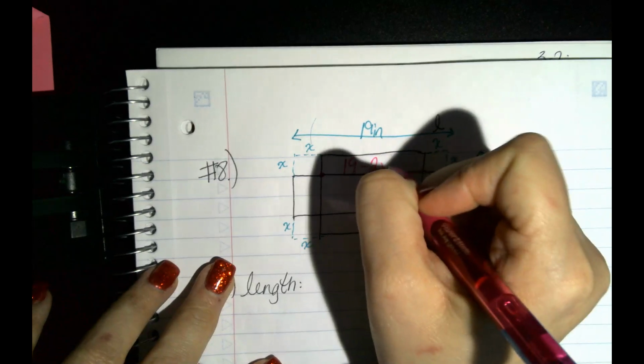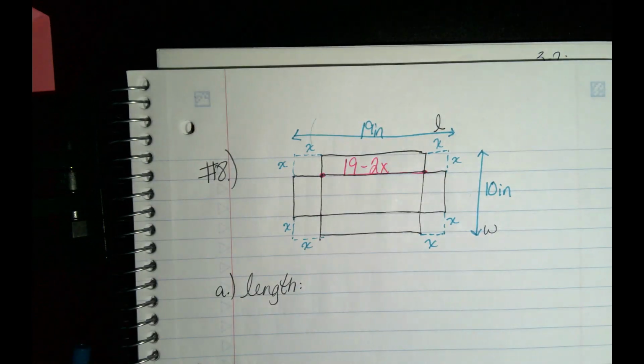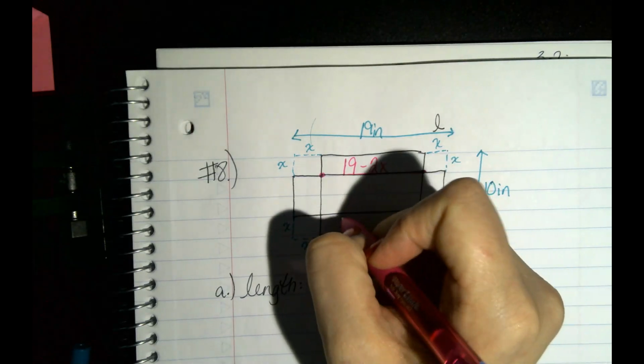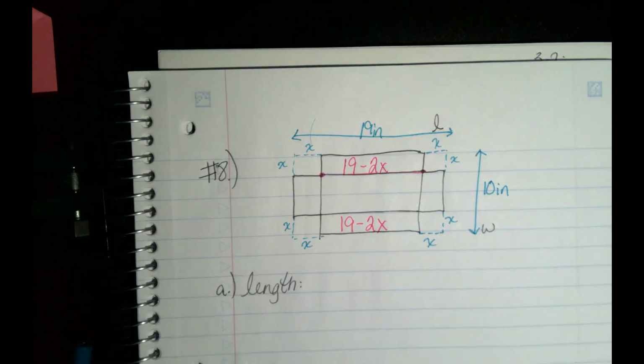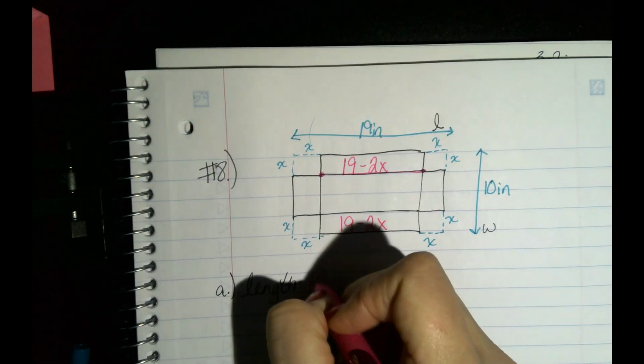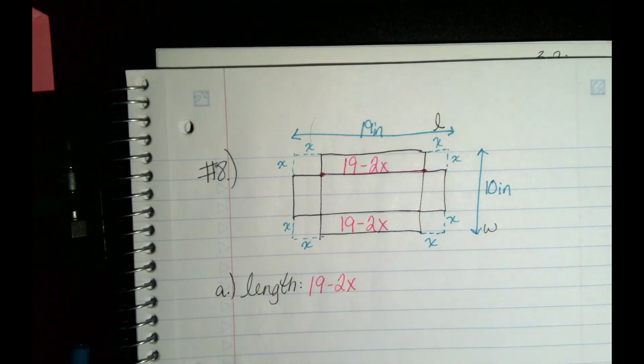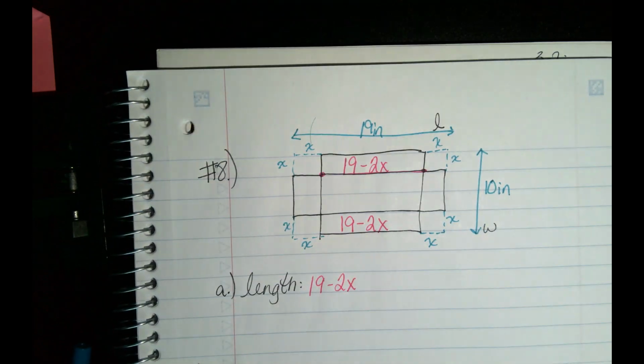So minus 2x. That's the length of my box. And the best thing about boxes is the front and the back are the same. So the length is 19 minus 2x on mine. So yours will be whatever total number they gave you, and we'll have to take away the two x's, because the box length, when I fold it up, isn't as long as what they're telling us. Okay.